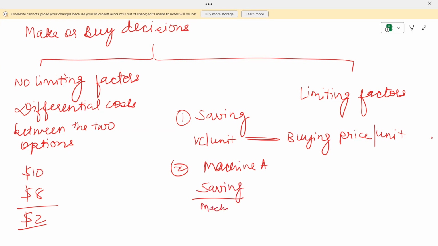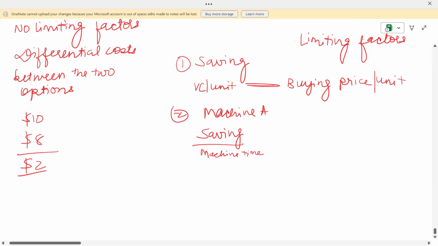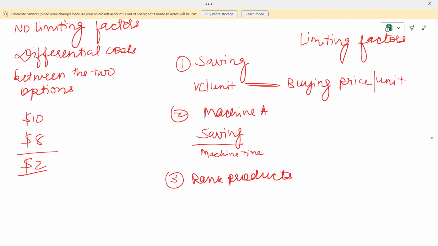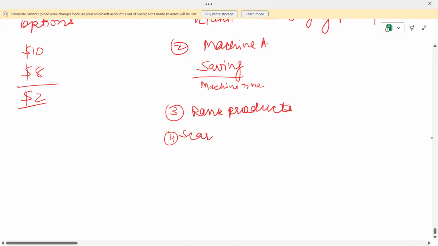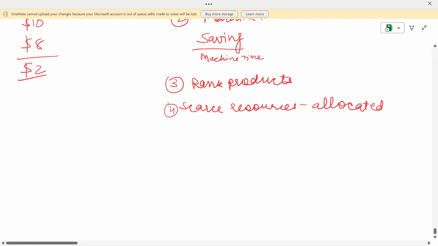So I'm going to divide the saving per unit by the machine time. This is going to give me the savings per unit of the limiting factor. Now I'm going to rank the products, creating a ranking where the saving is the most, and the fourth step will be to allocate the scarce resources according to priorities where we are getting the most saving.